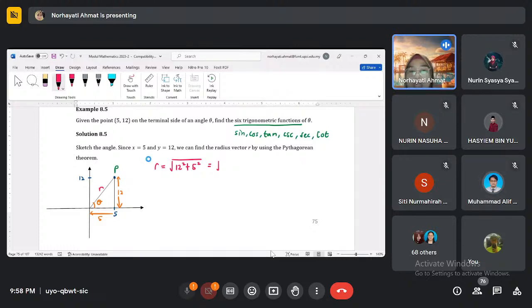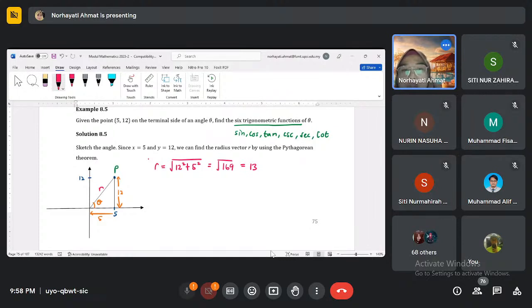Square root of berapa? 169, pandai. Saja nak test awak tidur ke tak. So the radius of this circle is 13.